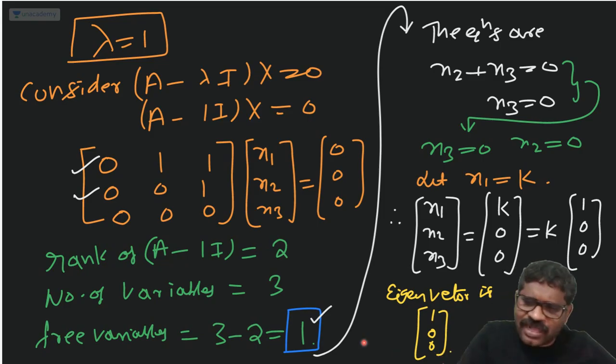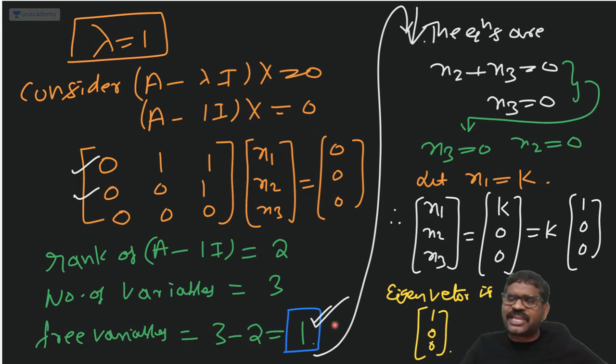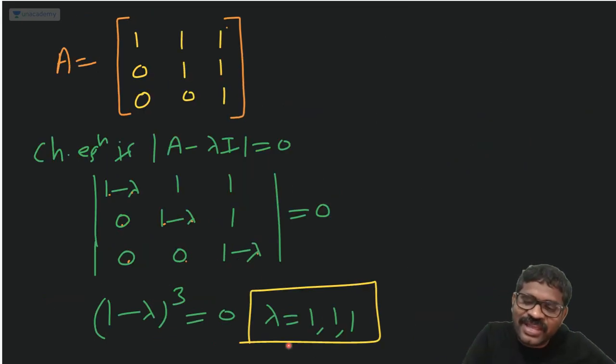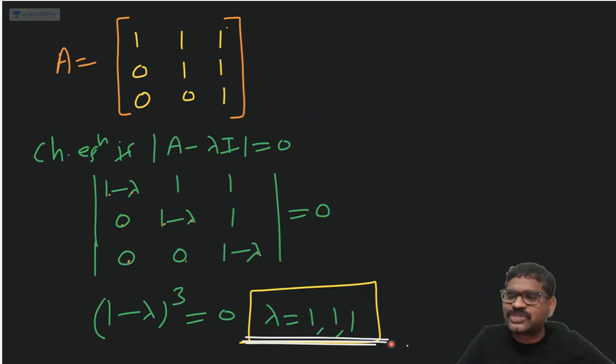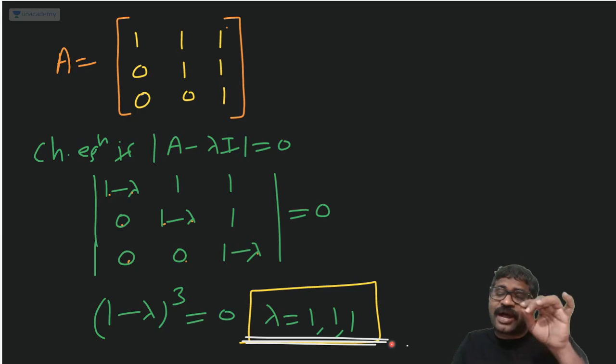Instead of solving the complete remaining part, directly you can understand by checking the free variable in the case of repeated eigenvalues. If your eigenvalues are repeated, the number of independent eigenvectors is given by the total number of variables minus rank of A minus lambda I. Sir, if eigenvalues are different?